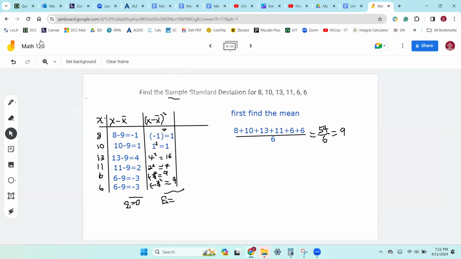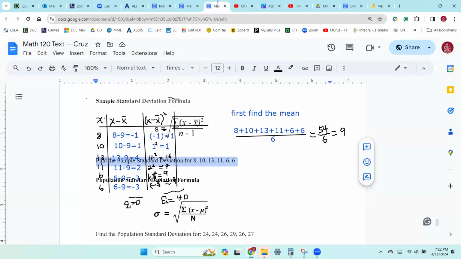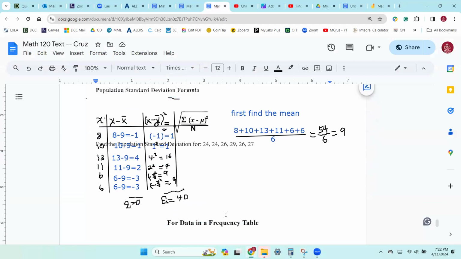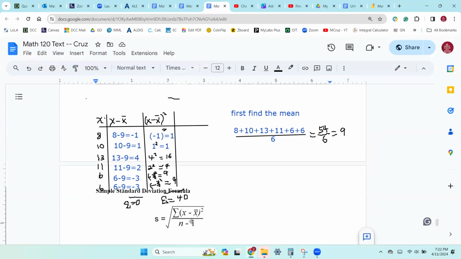So these sum up to 40. All right. So that's the numerator for the, so that's this numerator here. See, that's why we got to go through all the steps, and that's the most complicated part. All right. So that's that numerator.